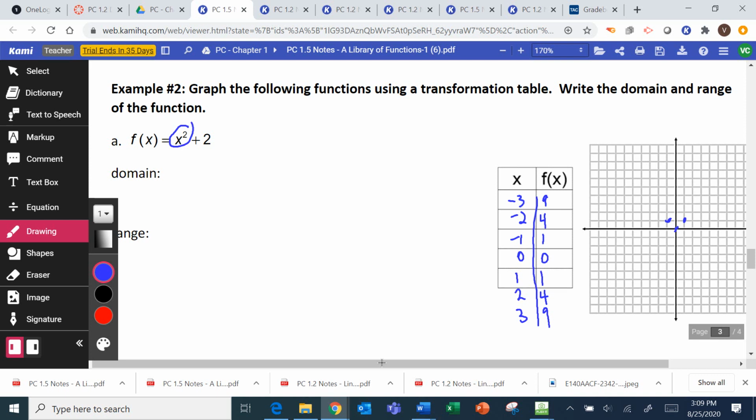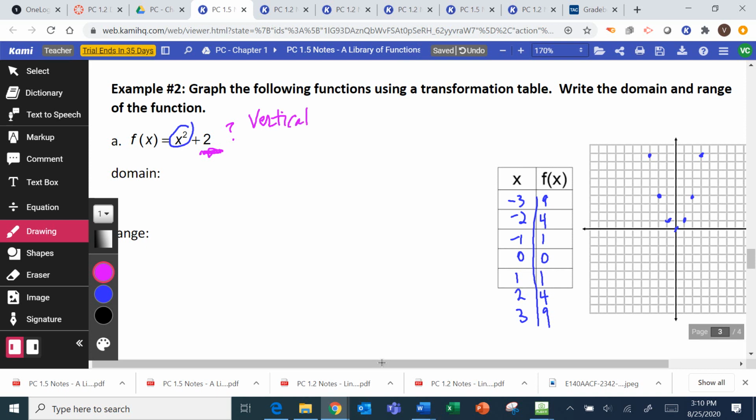You do not necessarily need to plot these points of the original function. I'm just putting them there for reference. What we need to do is remember from last year, what did a plus 2 do to the equation? Well, because the plus 2 is not being squared, it is a vertical transformation.